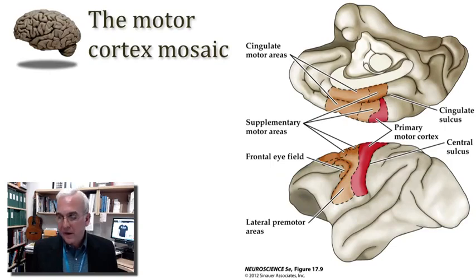Now, generally speaking, these medial parts of the premotor cortex seem to be especially involved with organizing movements that are self-initiated, movements that are not necessarily triggered or directed by sensory cues. One example of what I mean by this in the frontal eye field would be turning our gaze to some object in the contralateral part of the visual field that we intend to look at.